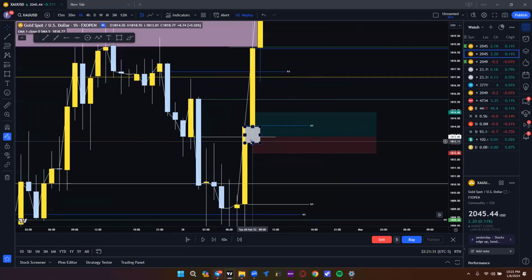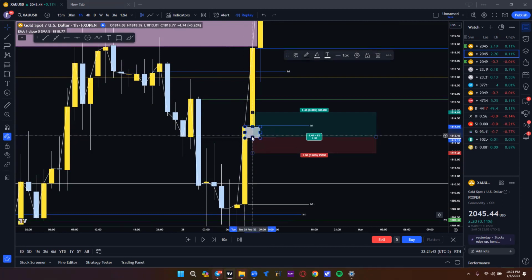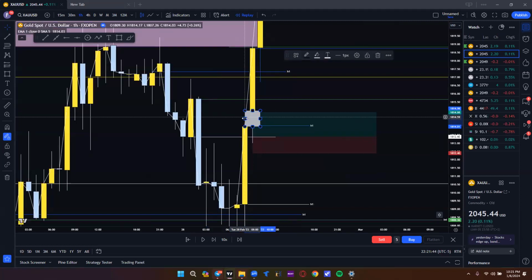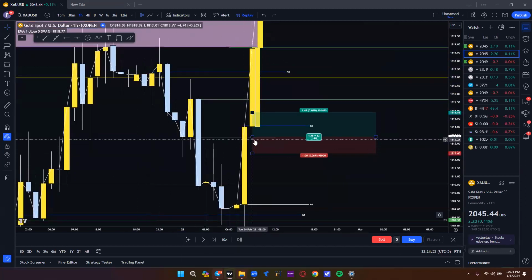And then all of a sudden you see the level starting to reject, and it's creating the wick, and then it starts to turn yellow and go your way. And then it creates that wick.